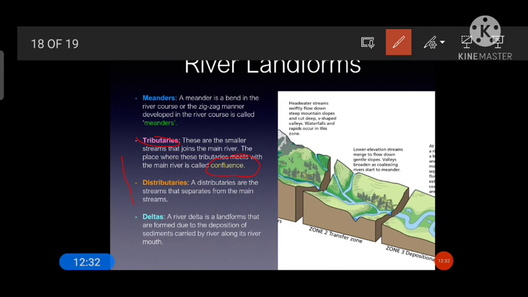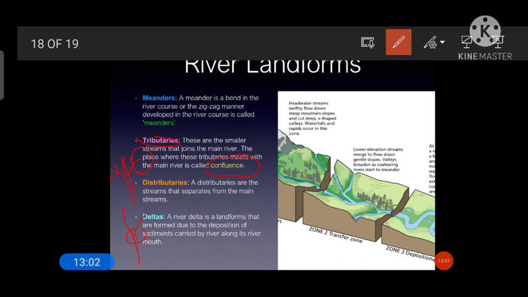When this main river is joined by a number of small tributary rivers, small streams, these small streams that join the main river are known as tributaries. And confluence is the place where the tributaries join the main river. This place is called confluence, where two or more rivers meet.